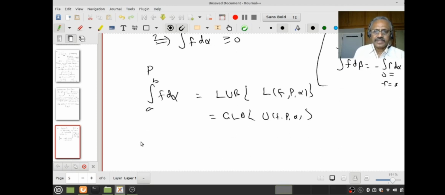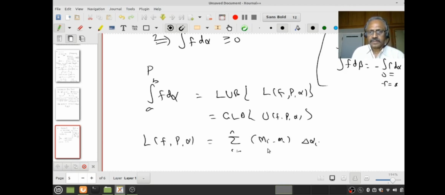You will see in a minute. What do I know is L(f, P, alpha) by definition is the summation of m_i times delta alpha_i. You understand? But m_i is always greater than or equal to 0, and since alpha is increasing, delta alpha_i is also greater than or equal to 0. That means L(f, P, alpha) is greater than or equal to 0.